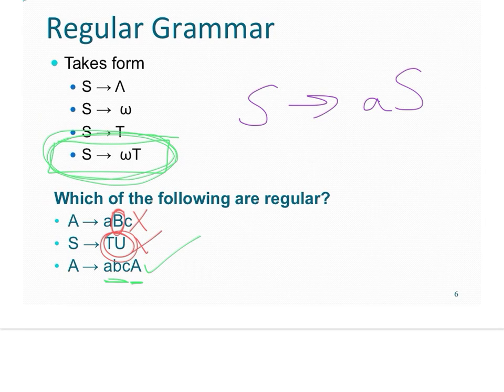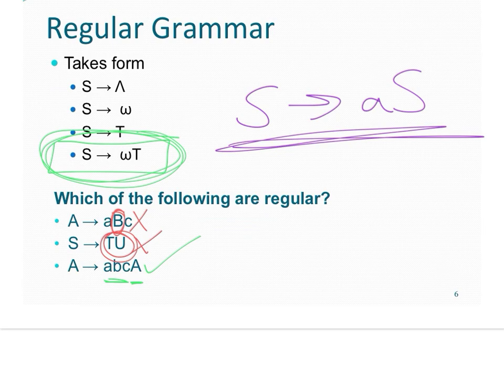Our rules just say that S and T have to be non-terminals. So don't be stressed out if you see something like that. That's also part of a regular grammar. You'll notice that in the example we just did, we have A on the left-hand side and A on the right-hand side as non-terminals. That's okay. Go back a slide: nothing said that S and T cannot be the same non-terminal, so this is perfectly legal.